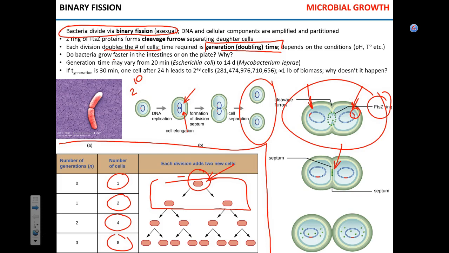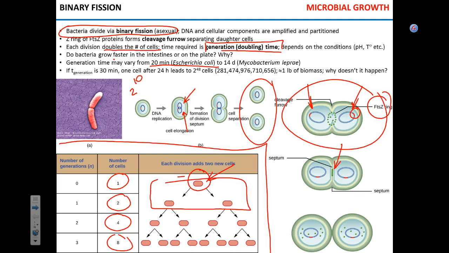For instance, typical generation time for E. coli, in the typical 37-degree incubator on the typical TSA plate, will be about 20 minutes. Which means you start with 1 cell, in 20 minutes 2, in 40 minutes you have 4, in an hour you have 8.